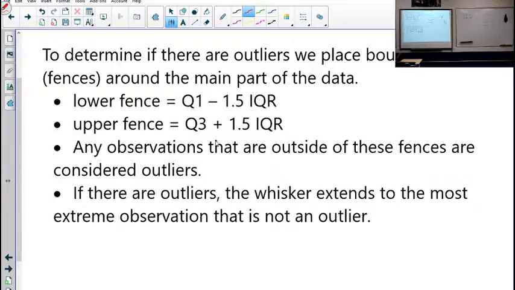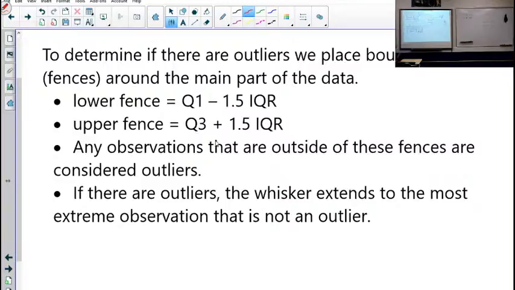Then we're going to move to the left or right of those quartiles this distance: 1.5 times the interquartile range. So we start at one of the quartiles and move that distance. If a value is farther away than that distance, then we have an outlier.